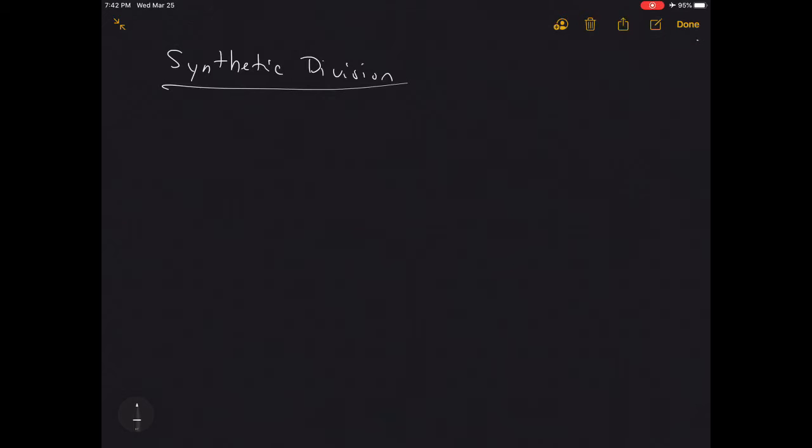So let's say that we took x cubed plus 4x squared minus 5x plus 5, and we want to divide that by x minus 3.